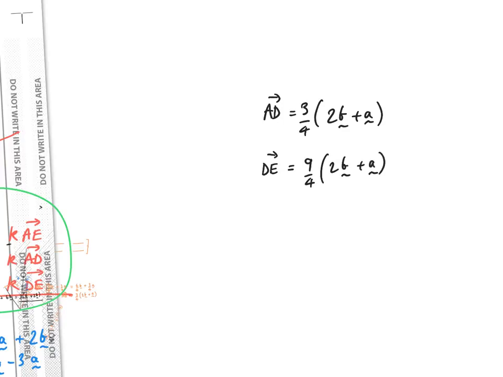So we have AD is 3/4 of 2B plus A. We have DE is 9/4 of 2B plus A. Or we have AE is 3 lots of 2B plus A. Okay, so you may have done it a slightly different way, but they're the outcomes that you can use to help show that it's the same straight line.